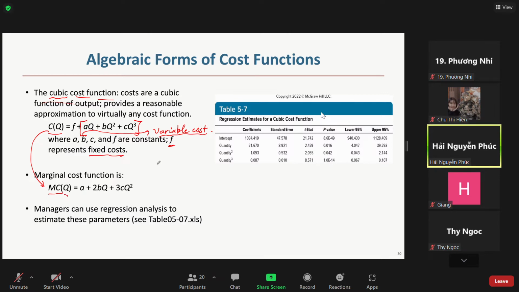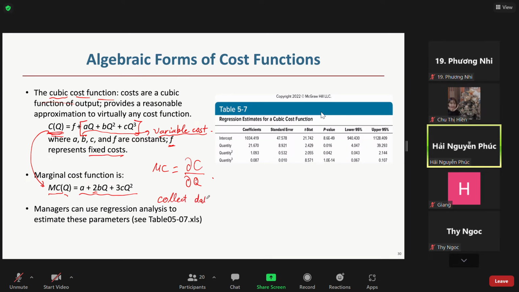And we know that the marginal cost is the derivative of total cost with respect to Q. So you take the derivative and you get MC equals A plus 2BQ plus 3CQ square.